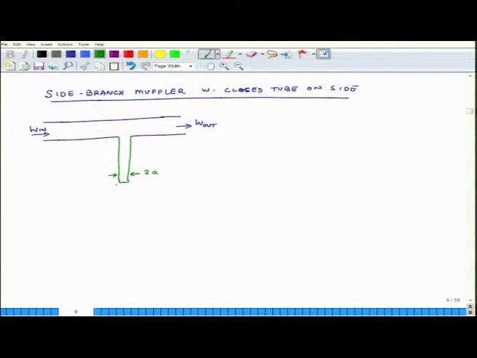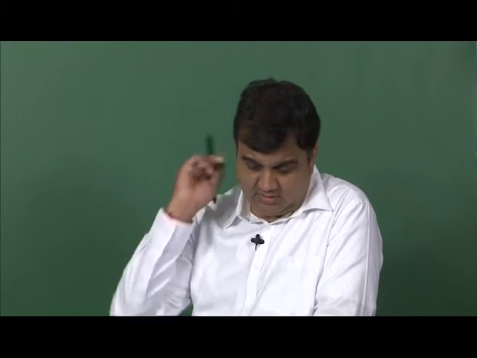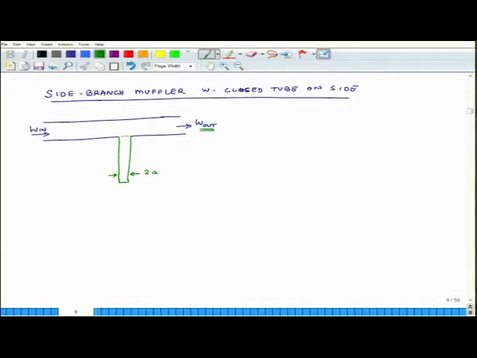This tube is closed at its end, and you may or may not have an acoustic resistor by putting some wire mesh here. So, this is a side branch which is a closed tube, and this also acts as a muffler. So, again this tube has its natural resonances, and at each natural resonance it will suck in sound, and through the process of reaction it will eliminate the sound which will be a part of W out.